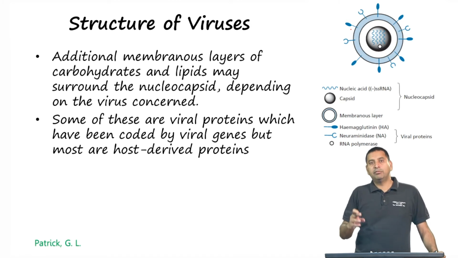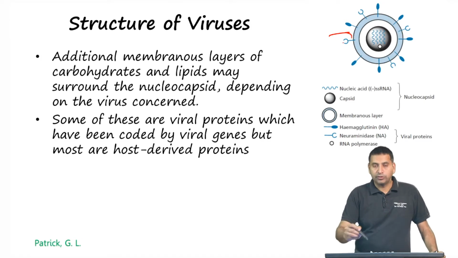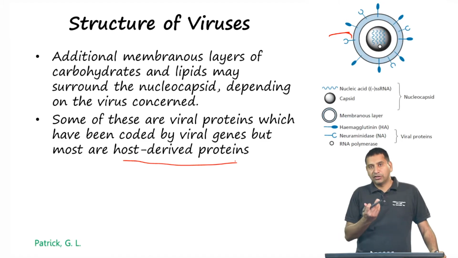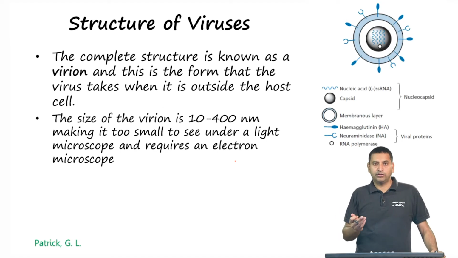There could be additional membranous layers of carbohydrates and lipids surrounding the nucleocapsid, which is shown here, and there would be variation depending on the virus concerned. Some of these are viral proteins coded by viral genes, but most are host derived proteins. So, this is a general structure of a virus.